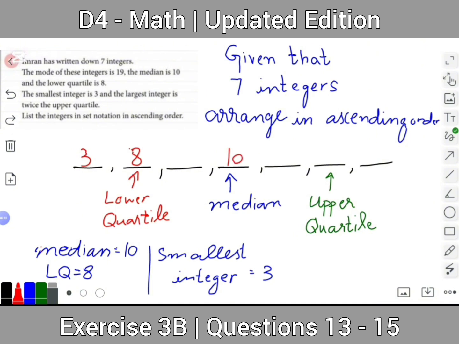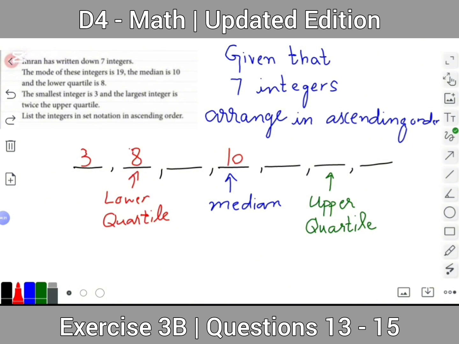Now we are going to move to the information given regarding the upper quartile. Since it is also given that the mode is equal to 19, and since we know that the mode is the value that appears most frequently in a dataset, the mode has to occur at least twice.